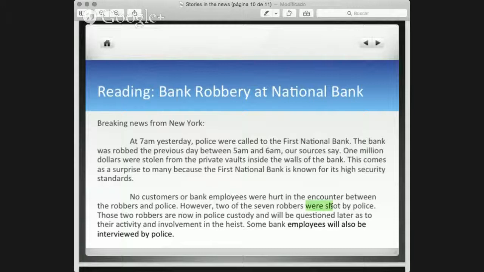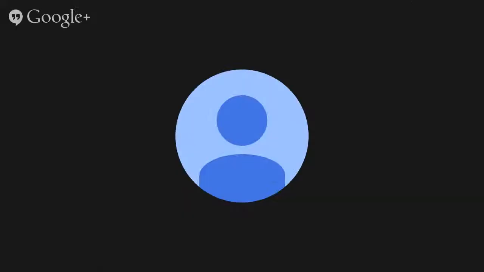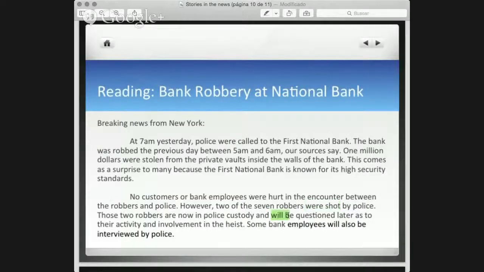Good. Were shot. Anything else? Will be questioned. Good. So this is an example of the future passive voice. Because the robbers will be questioned later as to their activity. So again, we don't really know who will be doing the questioning, but it doesn't matter, because the focus is that the robbers are going to be questioned.